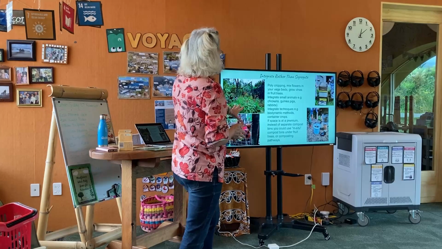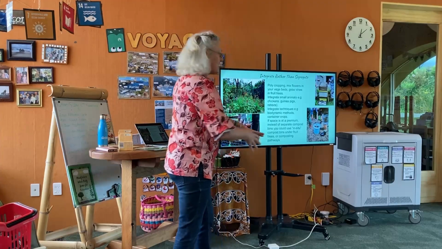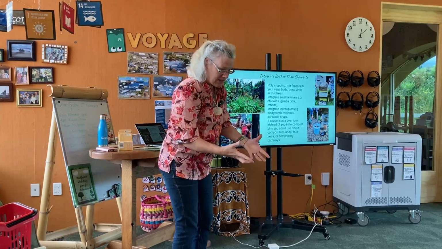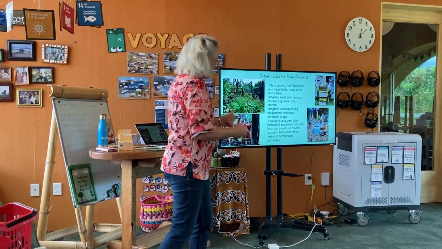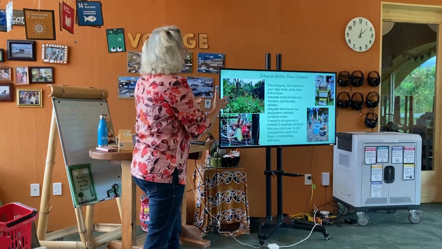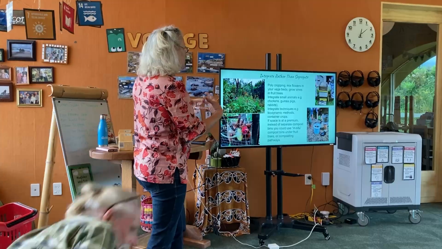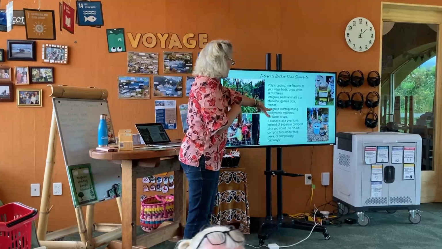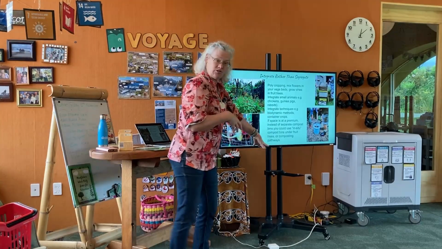Even integrating different growing techniques like containers or raised beds, and if space is at a premium, you don't have to have a separate compost bin. You could compost in situ.